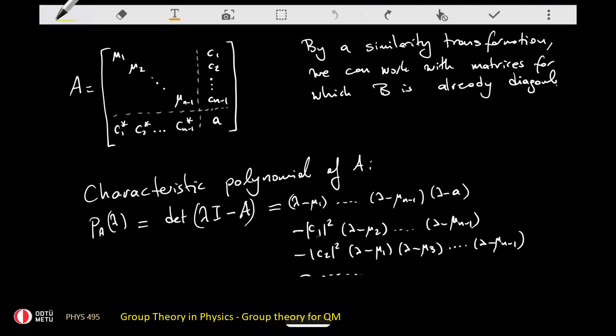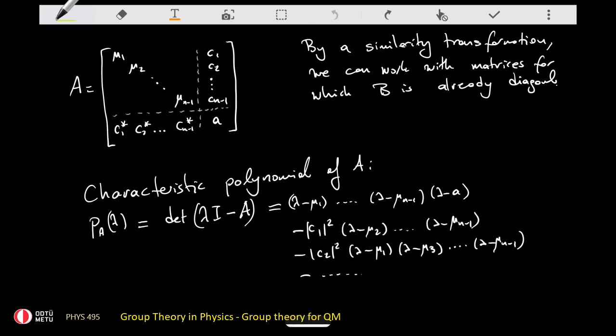And then we have terms like for each C coefficient in here, there are n minus 1 such coefficients. For each C coefficient in here, I have more or less the characteristic polynomial of B, except that one eigenvalue is missing in there. So there are actually products of n minus 2 such terms in here.